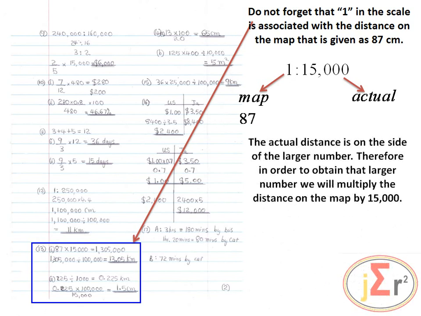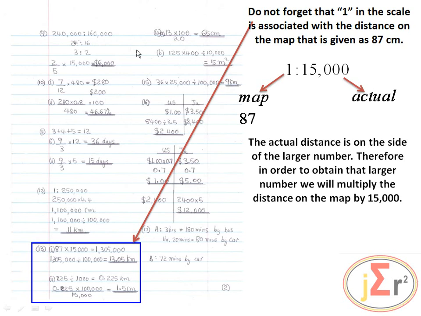The actual distance is on the side of the larger number. Notice, side of the larger number. Therefore, in order to obtain the larger number, we will multiply the distance on the map by 15,000. But how do we know that we are actually converting to a larger number?